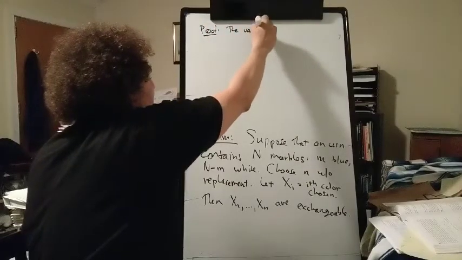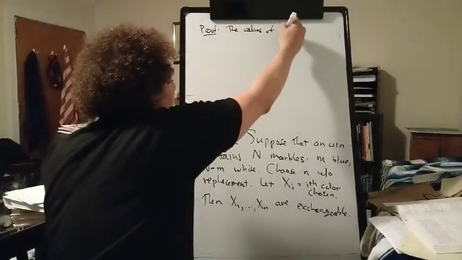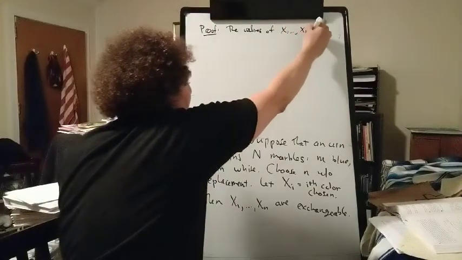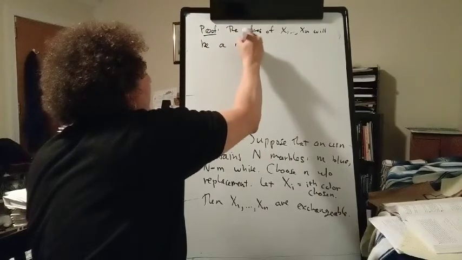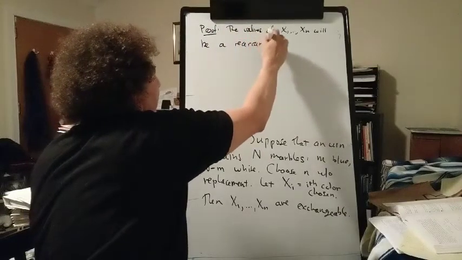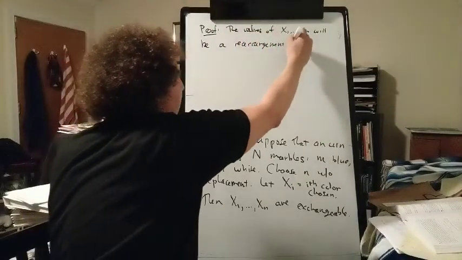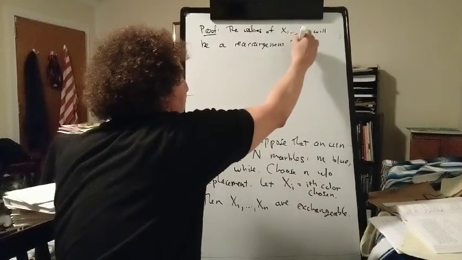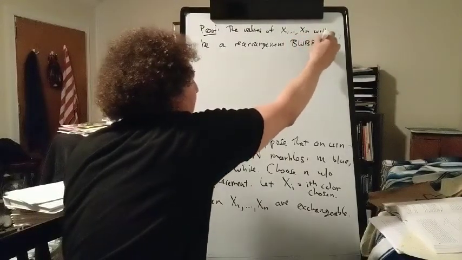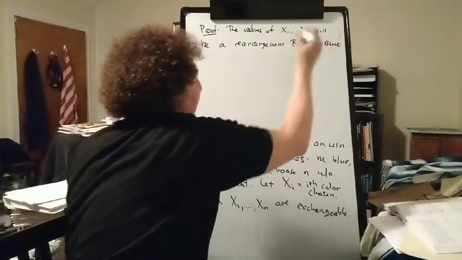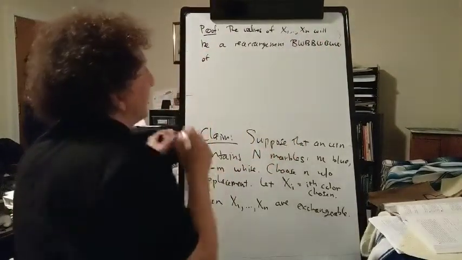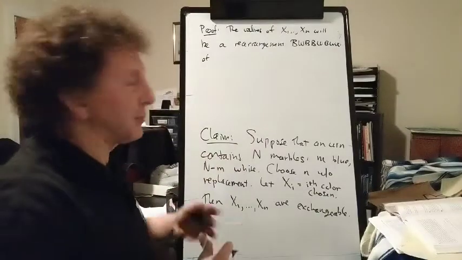So the values of x1 through xn will be a rearrangement, something like blue, white, blue, blue, white, blue, white, white, etc., of some number of blues and some number of whites.